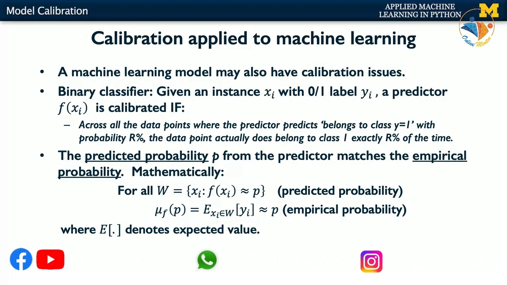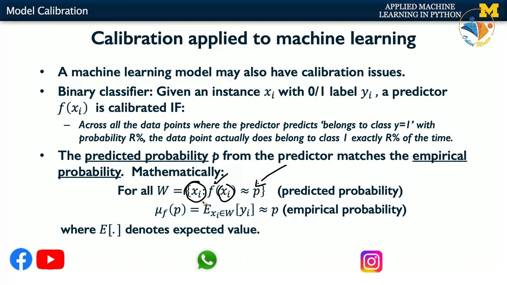So mathematically, we can write this equivalency that we're looking for a well-calibrated model using this notation. So for all the data points xi, for which the classification function f takes xi as input and predicts some probability p. So for example, in the binary classification problem, if the job of the classifier is to predict if it's going to rain tomorrow, the prediction might be 100%.